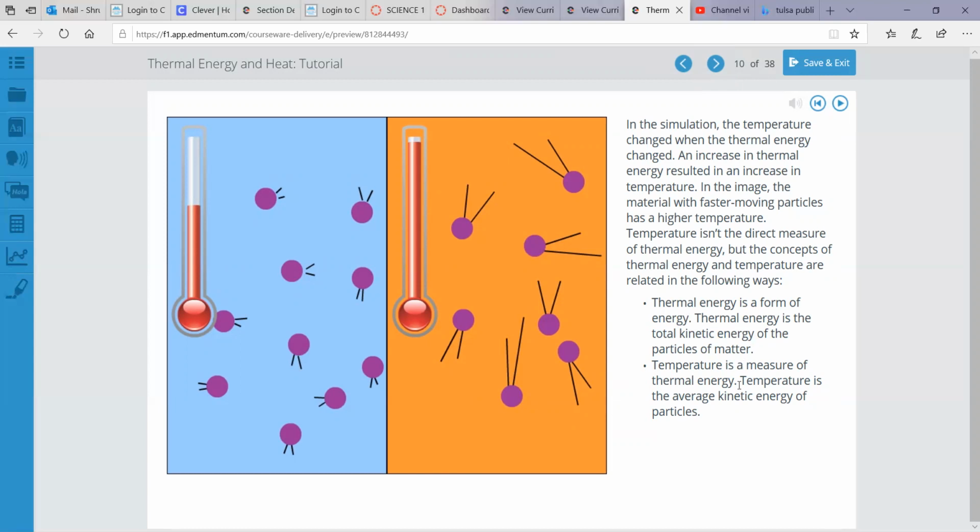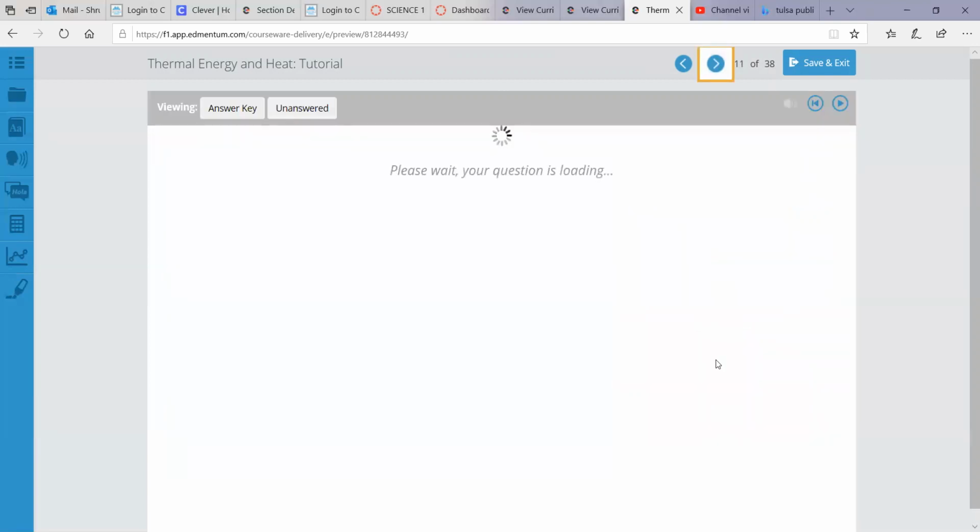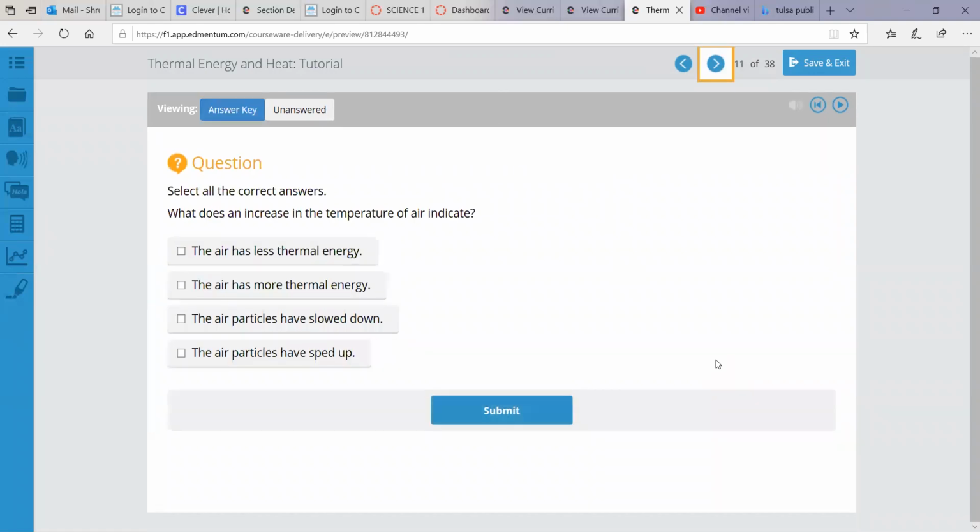Temperature is a measure of thermal energy, but it's the average kinetic energy of particles. So thermal energy is total kinetic energy, temperature is the average kinetic energy. So remember that distinction. There is a difference.